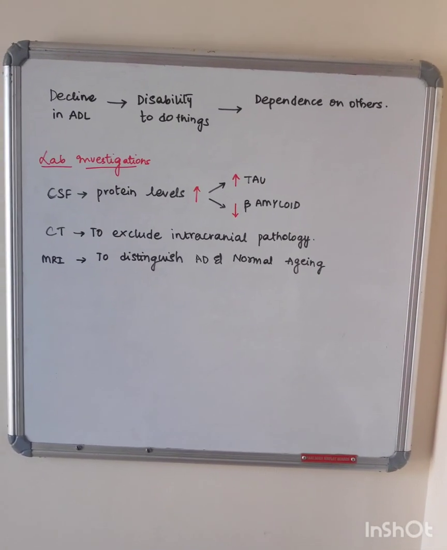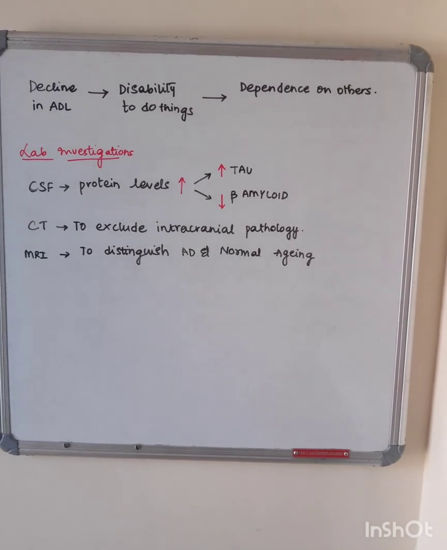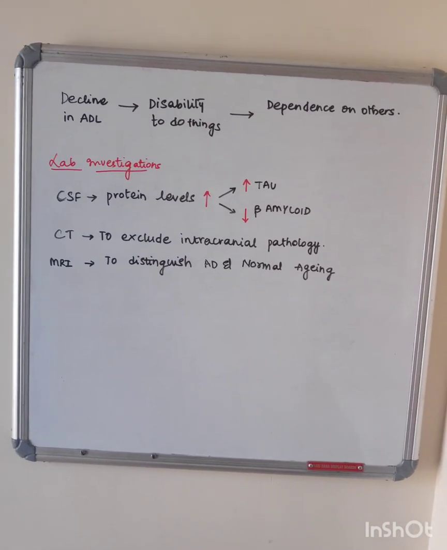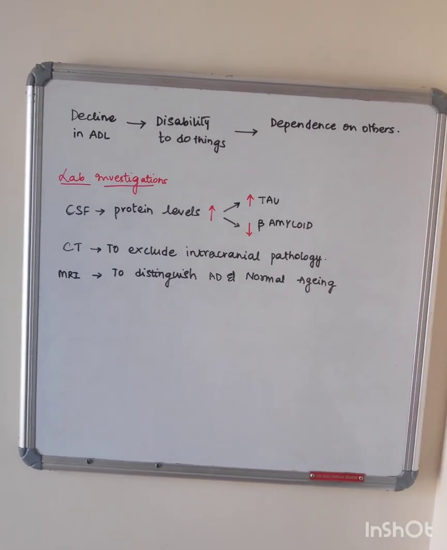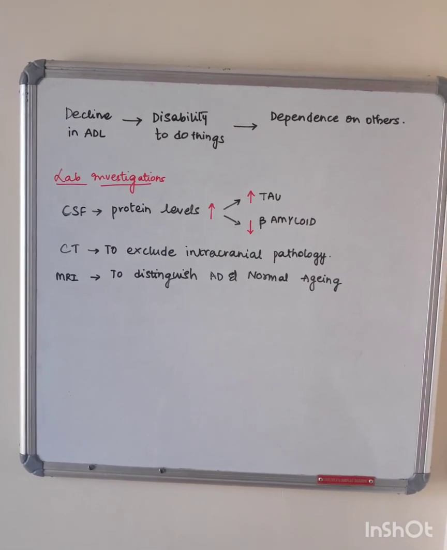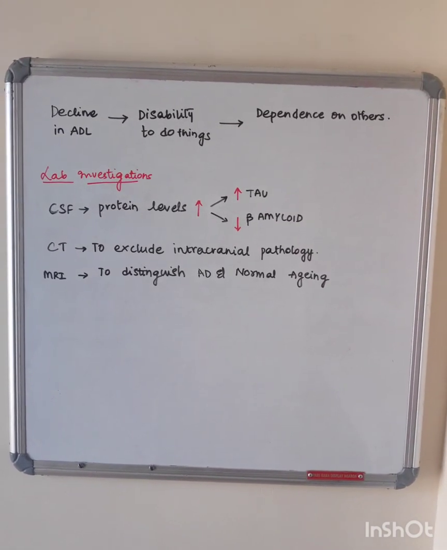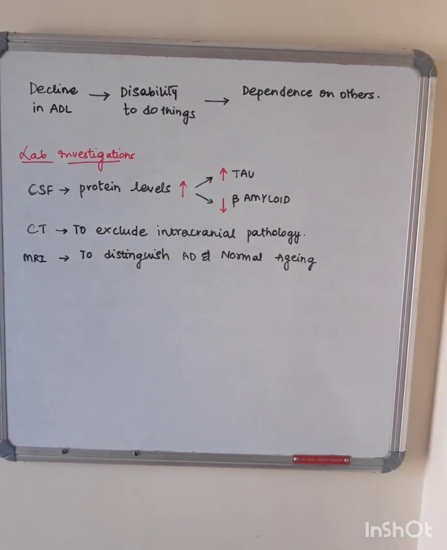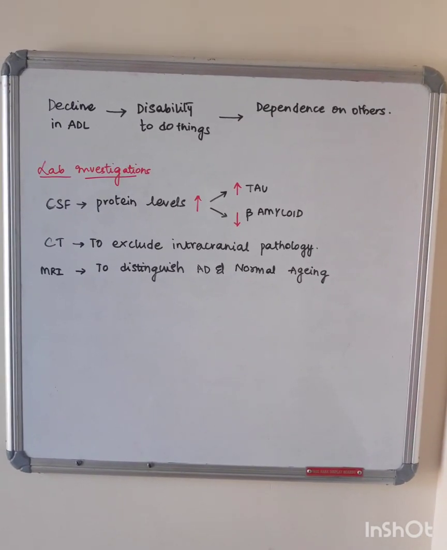Coming to the lab investigations, I'll briefly say three main important investigations to rule out Alzheimer's disease. First one is CSF, cerebrospinal fluid analysis. The protein levels are increased, but specifically tau proteins are increased, while the beta amyloid proteins are decreased.